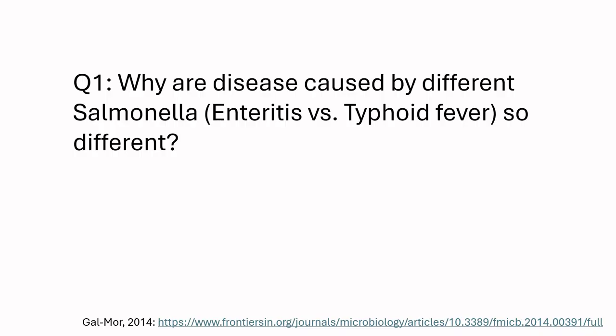Something else that seems to be there: it's not just that the typhoid Salmonella are very stealthy, but that these enteritis Salmonella are deliberately, let's say, humanizing it a bit, deliberately causing this inflammation. So they seem to want to recruit those immune cells.